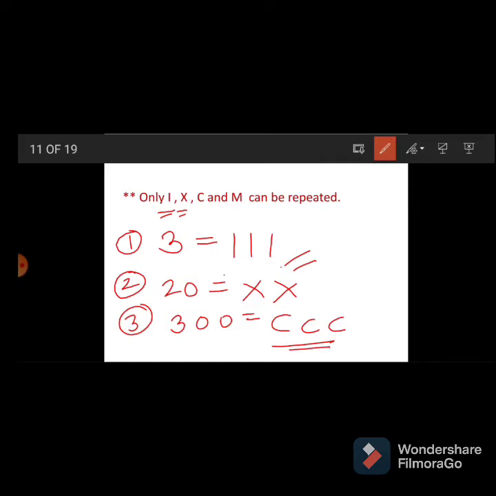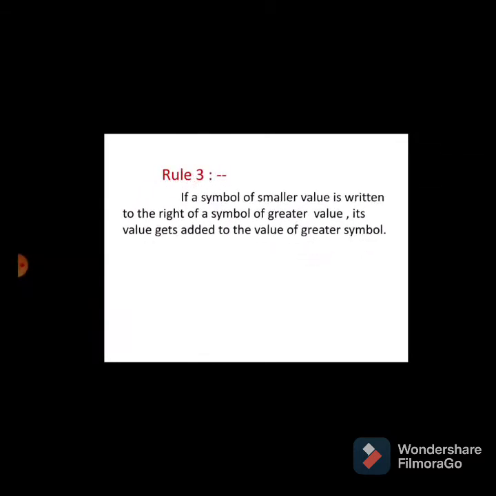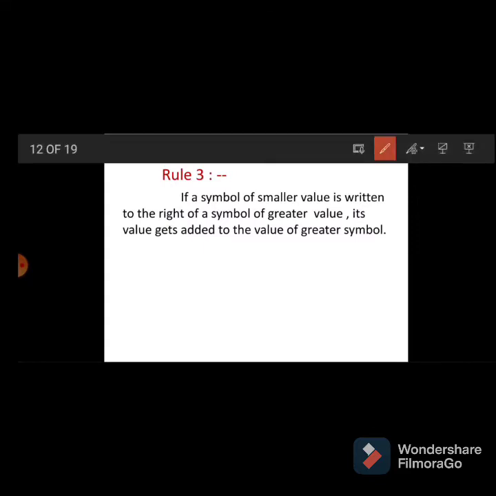Okay, then see the next rule, rule 3. What is rule 3? If a symbol of smaller value is written to the right of a symbol of greater value, its value gets added to the value of the greater symbol. Rule number 3 and rule 4 are exact opposites of one another, so be careful.